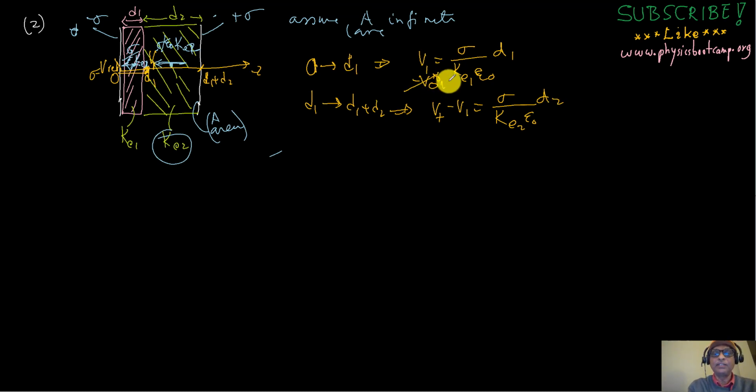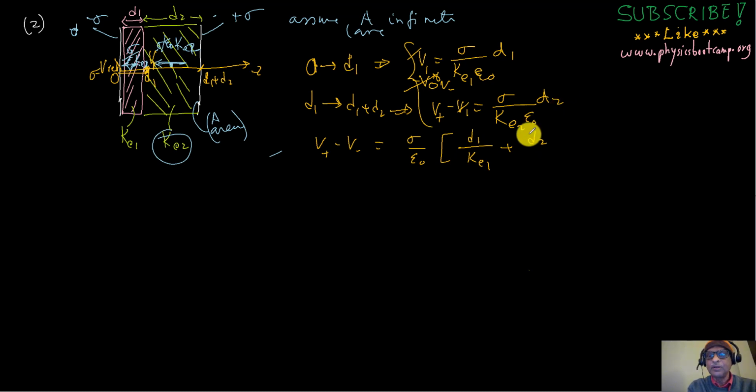So this is V minus. So if I add these together, I get V plus minus V minus. V1 cancels out when you add this, and you get sigma over epsilon naught times D1 over Ke1 plus D2 over Ke2.